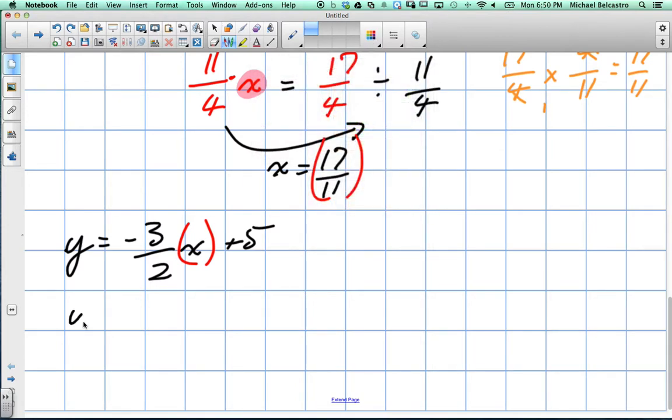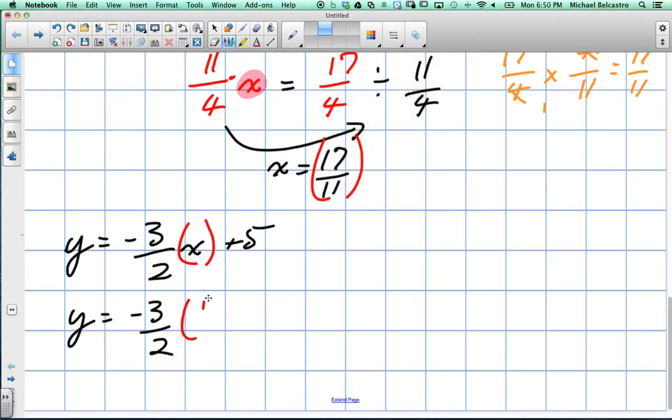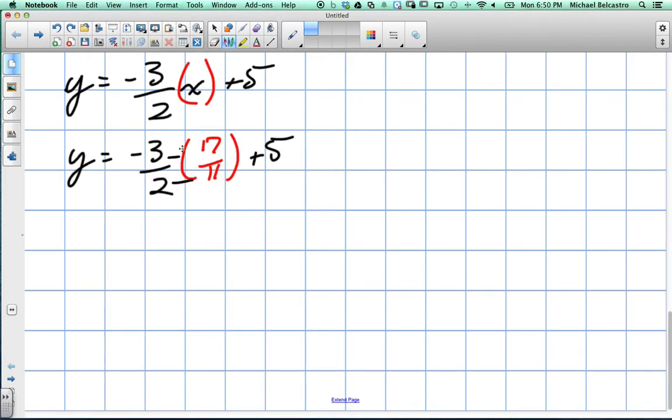So we get y equals negative 3 over 2 times 17 over 11 plus 5. I got to use my fraction rules. When I multiply, top by the top, bottom by the bottom, this will be y equals negative 51 over 22, I believe, plus 5.